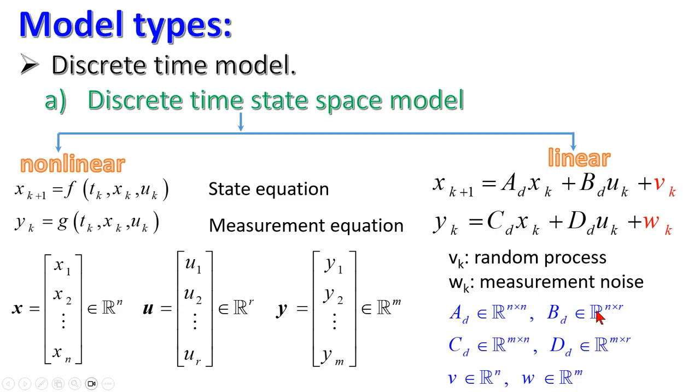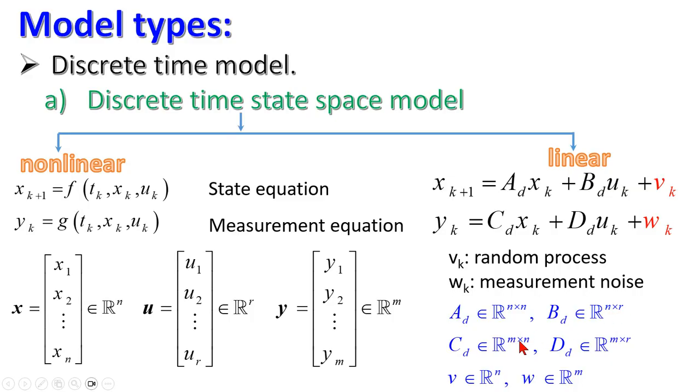Taking this as an example, AD will be a square matrix with a size equal to the number of states. Similarly, the size of BD can be written as follows, and for the remaining two system matrices, we can write their sizes as well. The sizes of these random process and measurement noises are as follows.